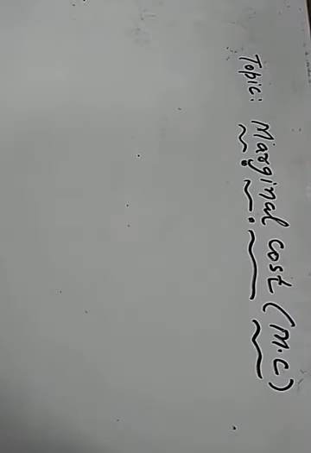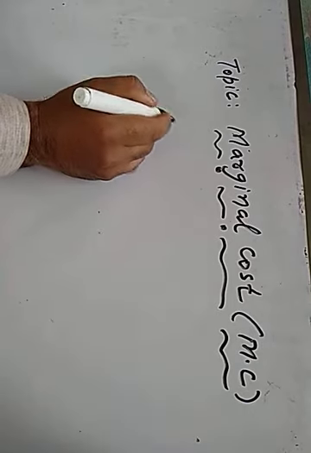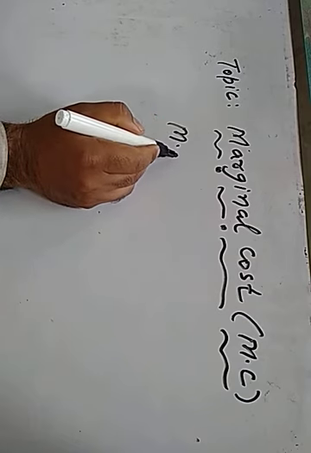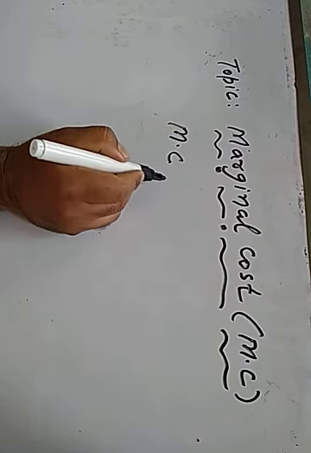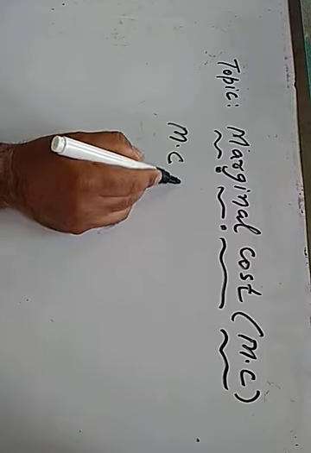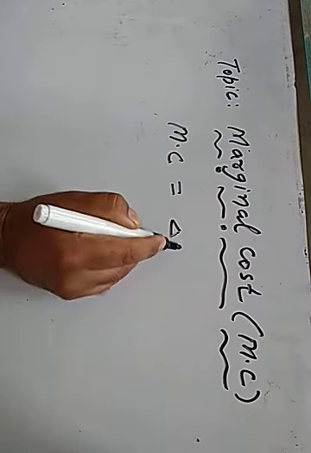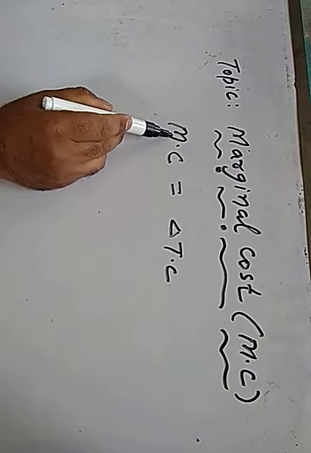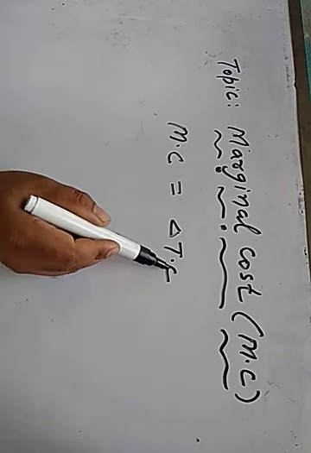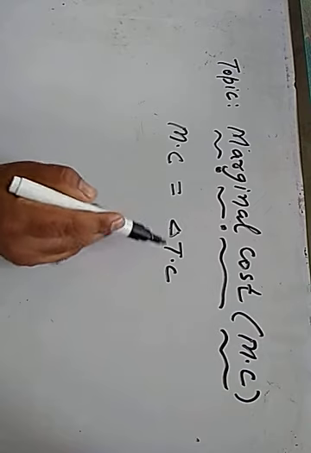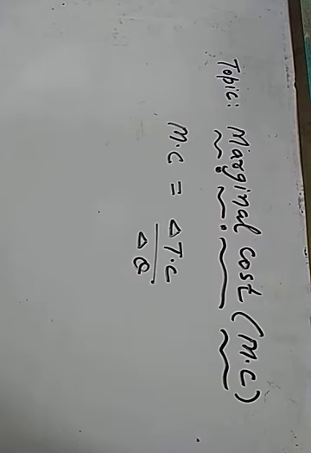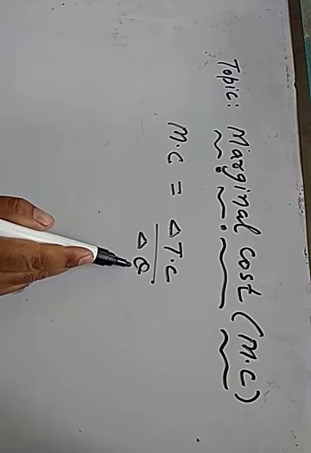The formula for calculating marginal cost of any commodity or any service is given here. First we will write symbolically the marginal cost as change in total cost divided by change in output, where MC is marginal cost, TC is total cost, and del shows change in total cost as a result of change in level of output.